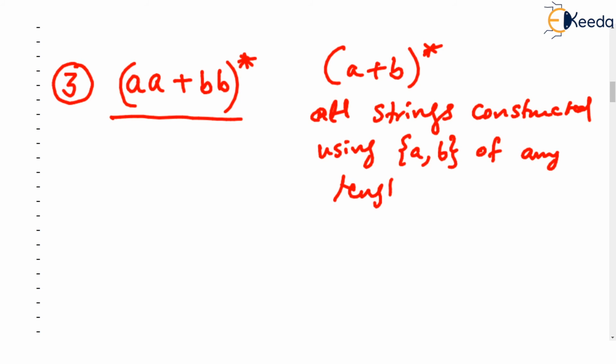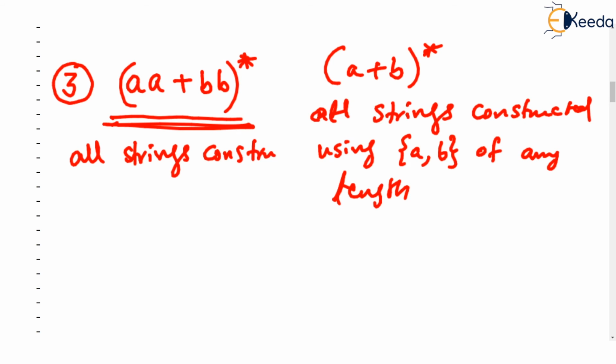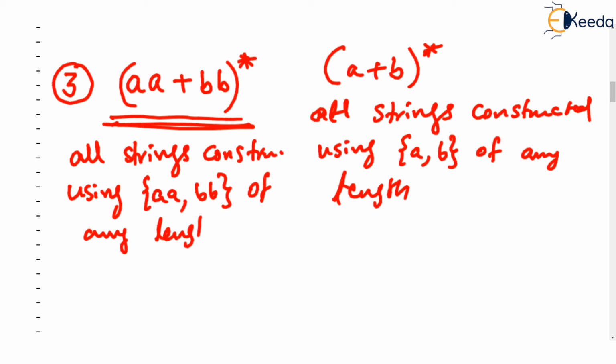Remember this definition. Then what does (AA+BB)* mean? All strings constructed using AA, BB of any length. That means you can take AA, repeat it any number of times. You can take BB, repeat it any number of times and make a string.